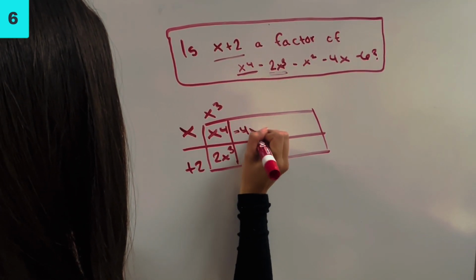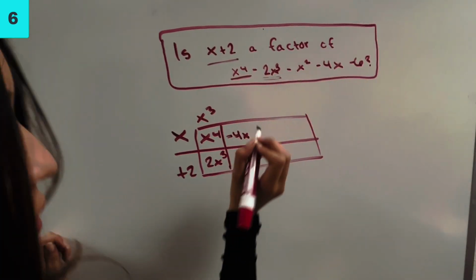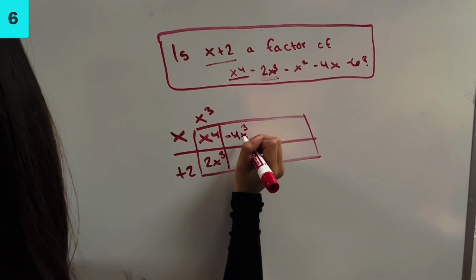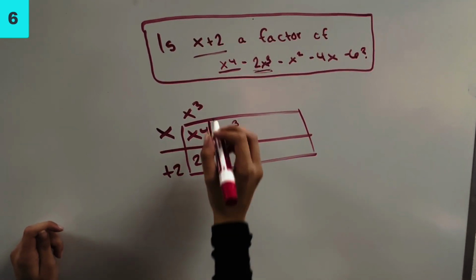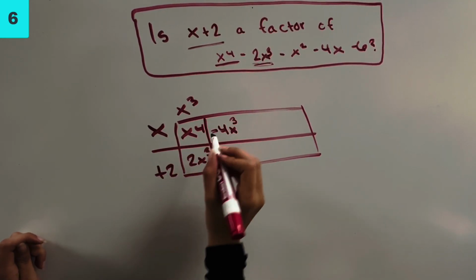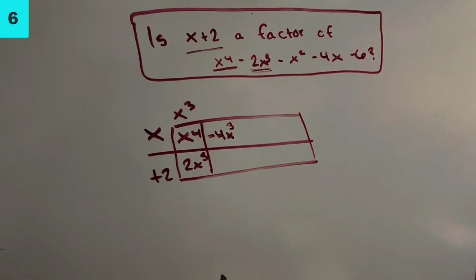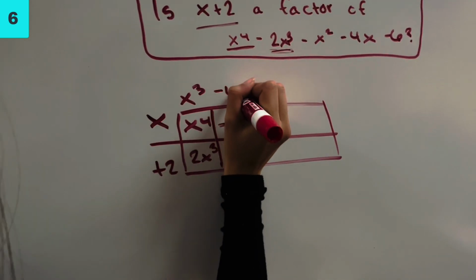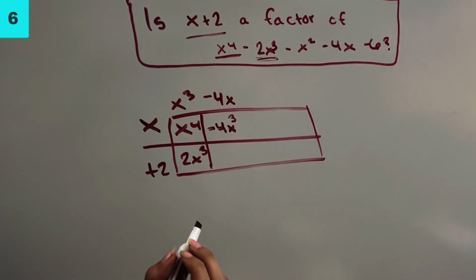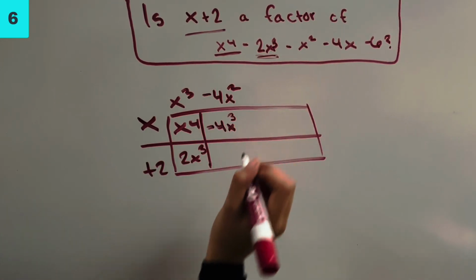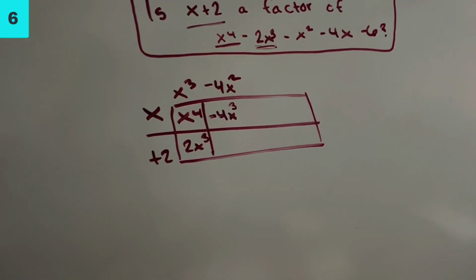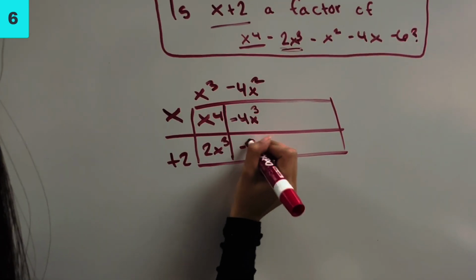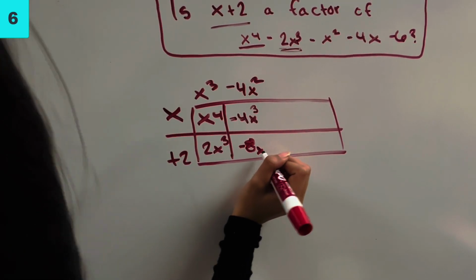Minus 4x to the power of 3 equals 2x to the power of 3. So then you keep finding the numbers. What you need right here is minus 4x to the power of 2. Then for the bottom one, it would be minus 8x to the power of 2.